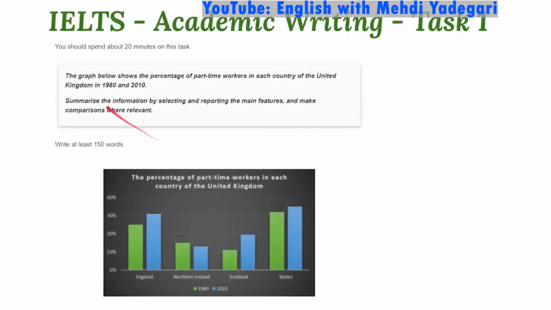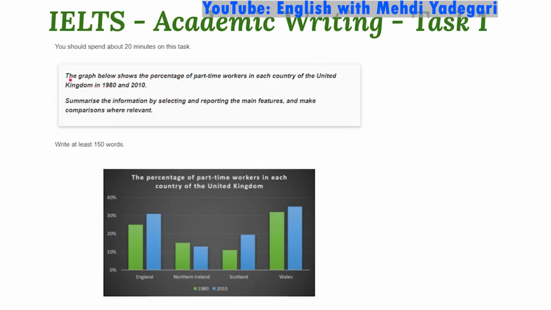So for this picture right here, instead of writing the graph, we can write the illustration, or for example, the diagram below shows. Instead of the word show, we can say represents or illustrates or displays the percentage of part-time workers and the rest, right? So the very beginning has been given as a template. Of course, you can change basically everything in the sentence.